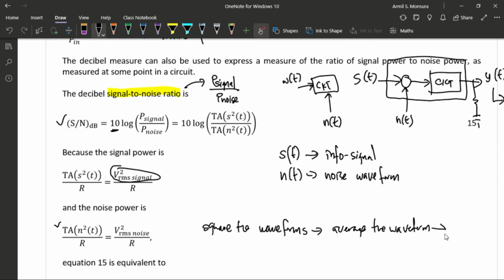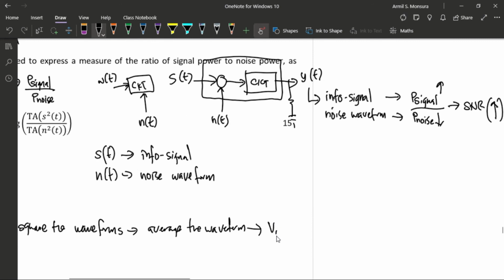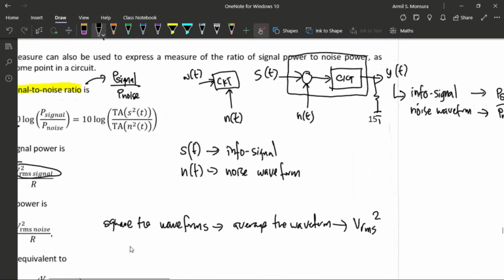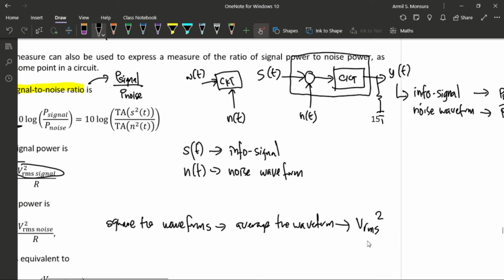This gives you the VRMS square. So if the waveform is actually a voltage, okay, so kung current naman yan, then the result is the RMS value for your current squared.